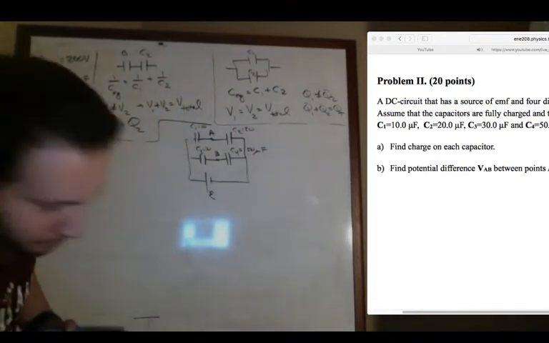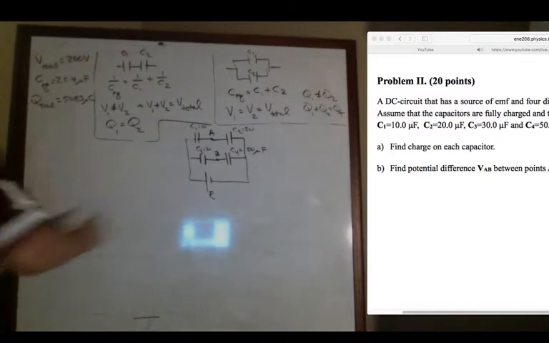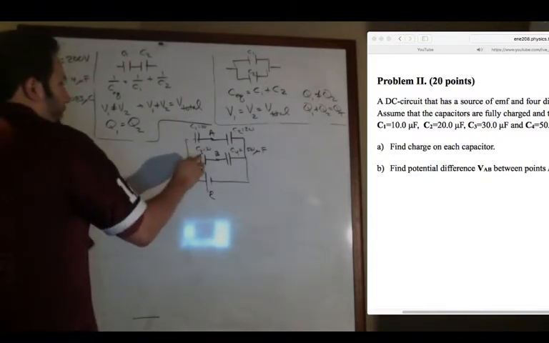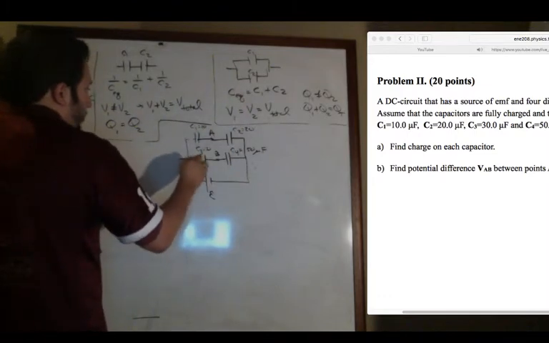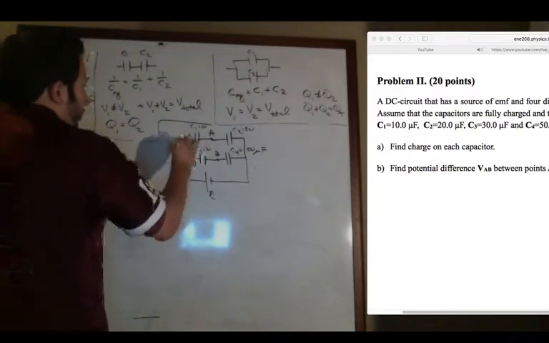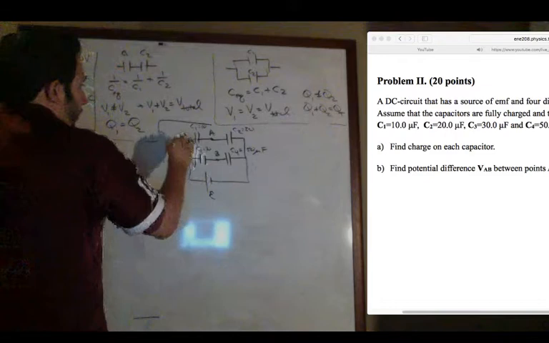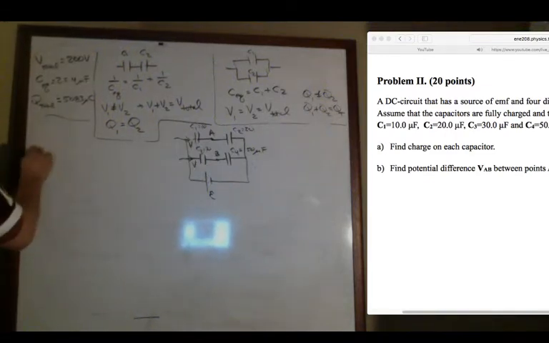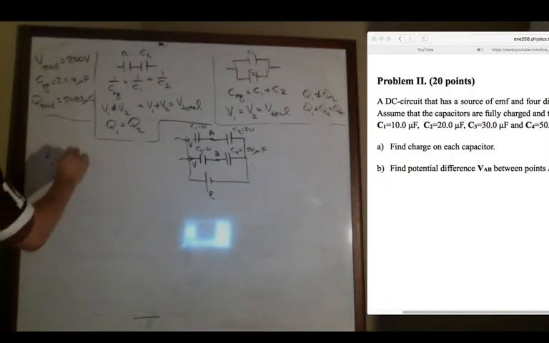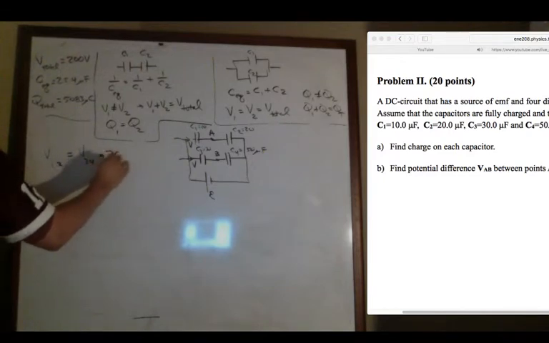So we know what the total voltage is, and whenever I have things in parallel, voltages are the same. I know the voltage through the system 1-2 is going to be the voltage through the system 3-4, which is going to be 200 volts.